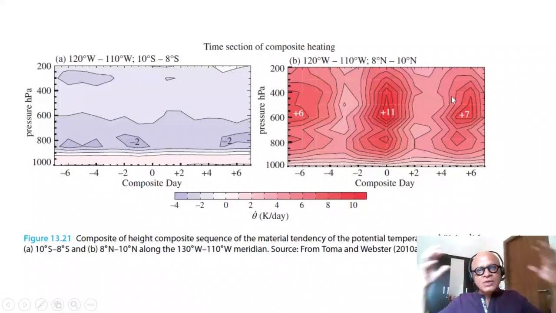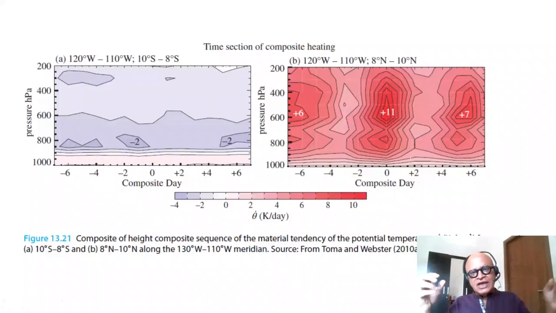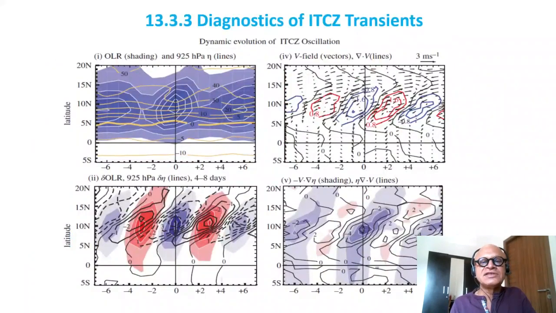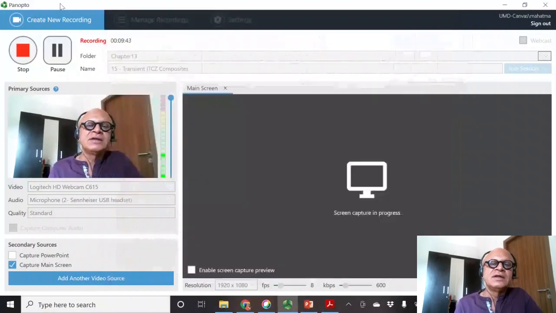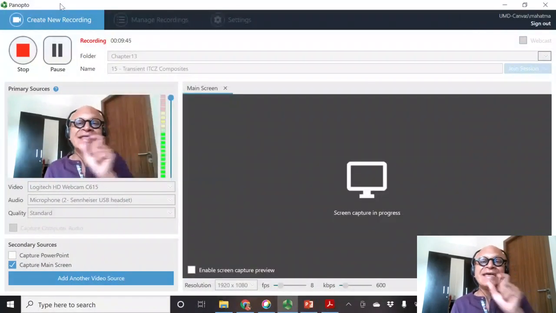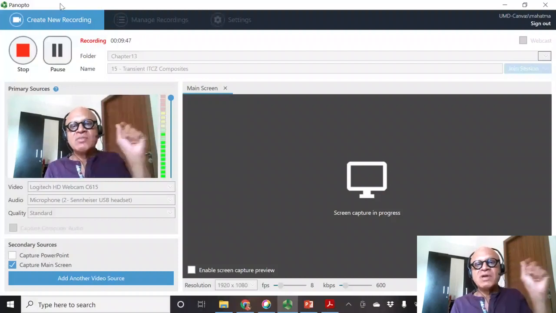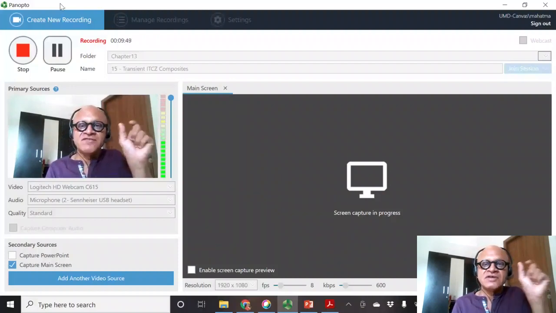So within the rain bands we are looking at, there are all these propagating features and transient features of 4 to 8 days, which is the main time period that we looked at in the eastern Pacific, and we made the point that the western Pacific is very different.